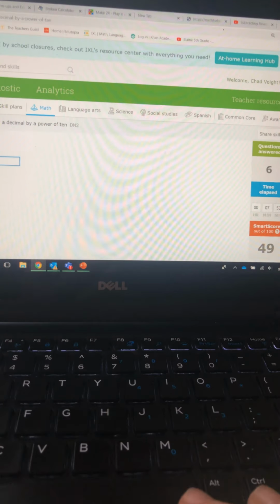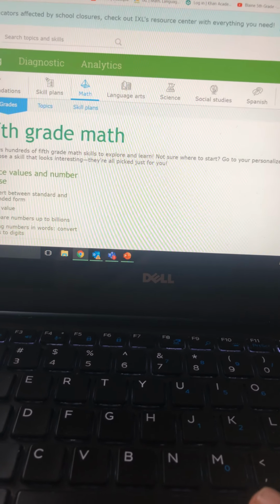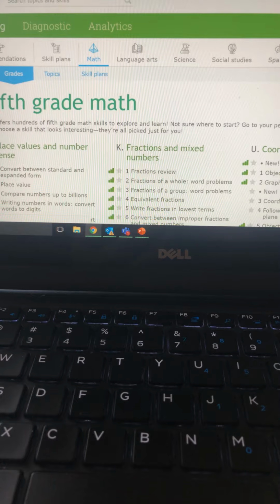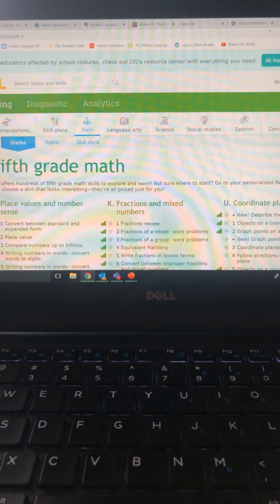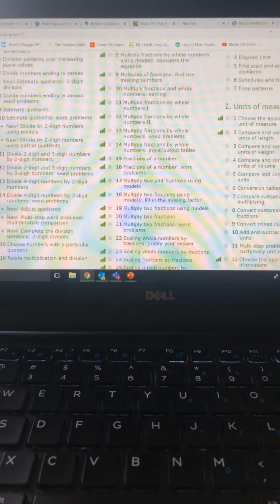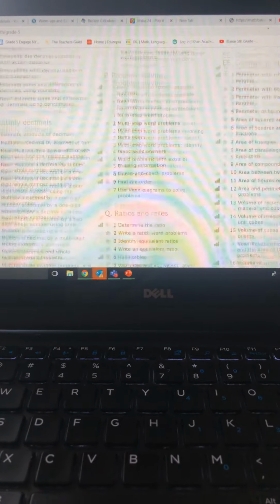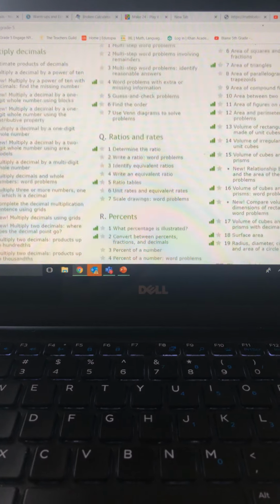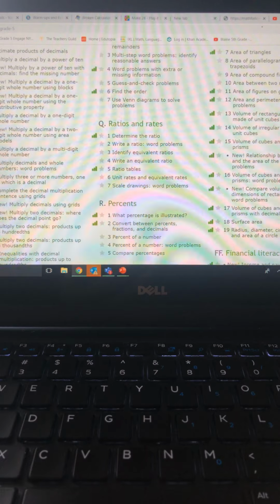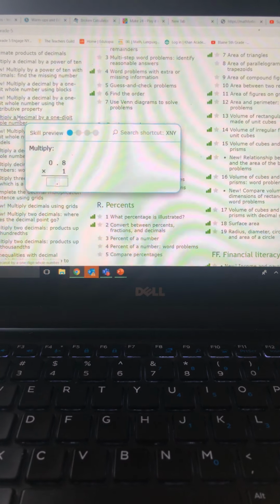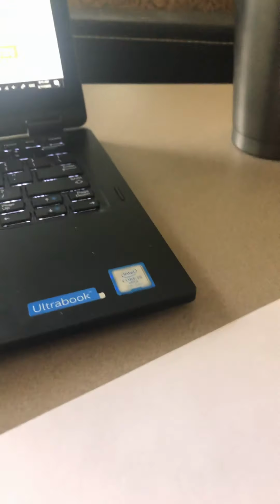Multiplication. All right, so let's go back, and we're going to do the third now. Letter I, point 3. Multiply a decimal by a one-digit whole number.